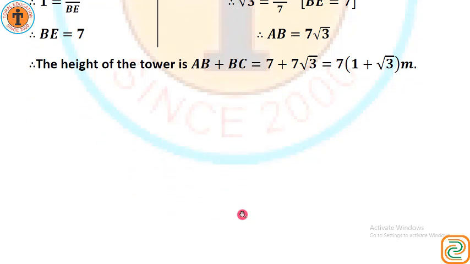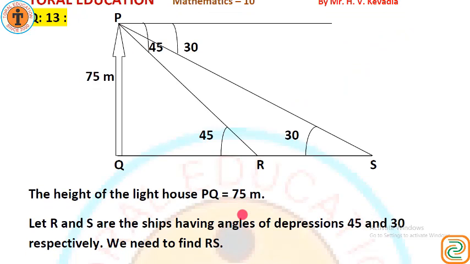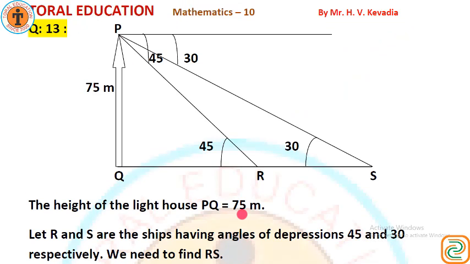Question number 13. As observed from the top of a 75 meter high lighthouse from the sea level, the angles of depression of two ships are 30 and 45. If one ship is exactly behind the other on the same side of the lighthouse, find the distance between the two ships. We need to find out RS.